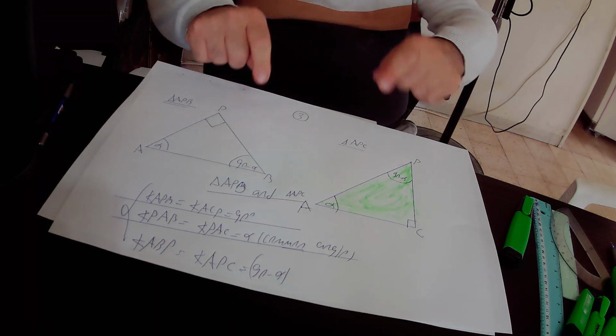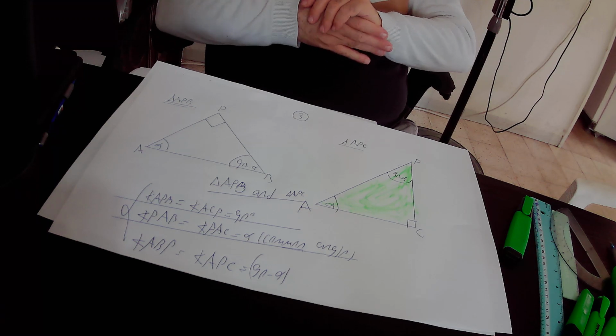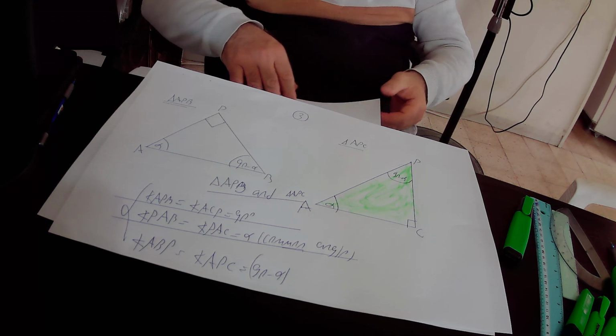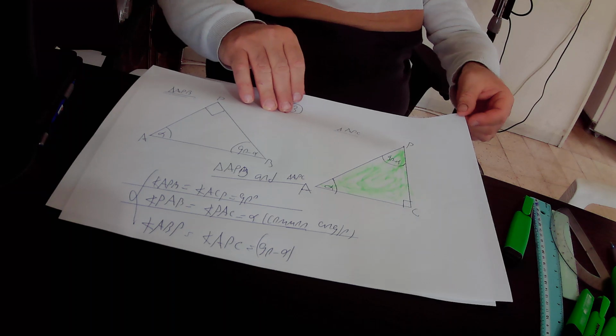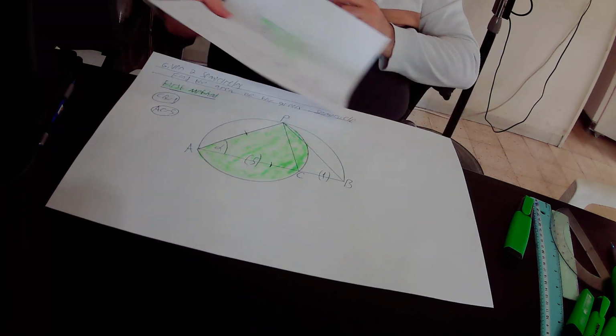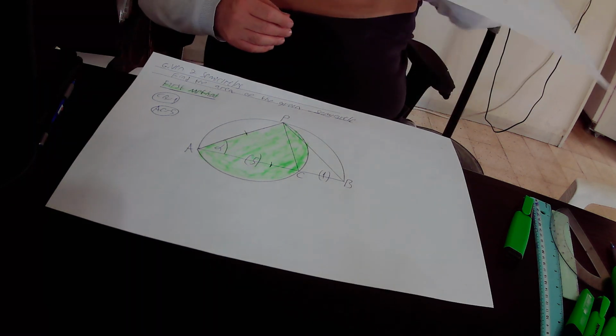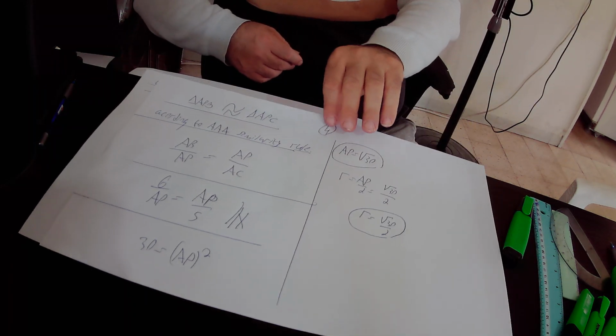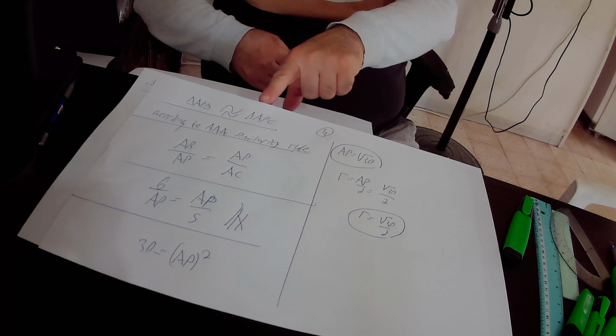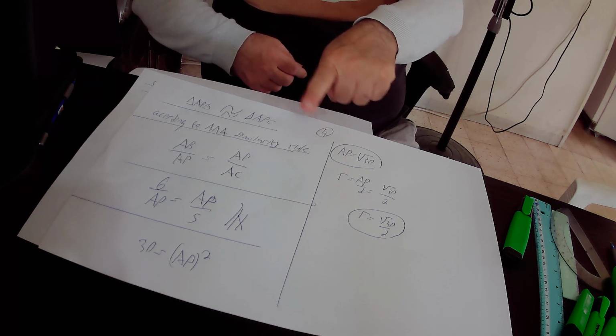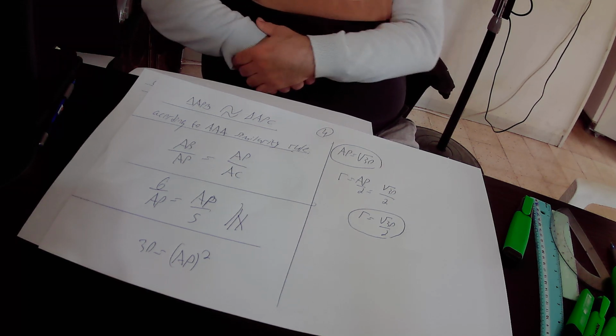Therefore, those two right triangles are similar according to the angle similarity rule. So I repeat again: the right triangle APB is similar to the green triangle APC according to the angle similarity rule.